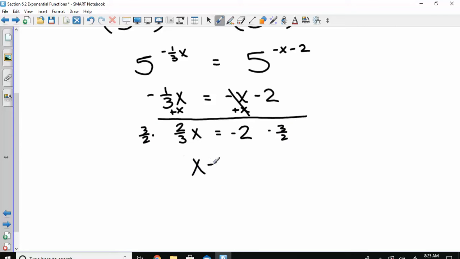And we get x equals -3. So you can handle the radicals as well. You just turn it into a fraction power.